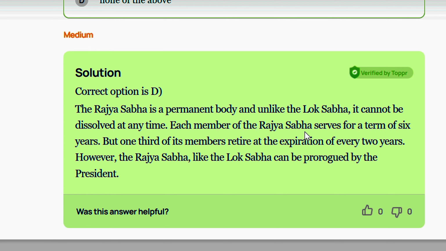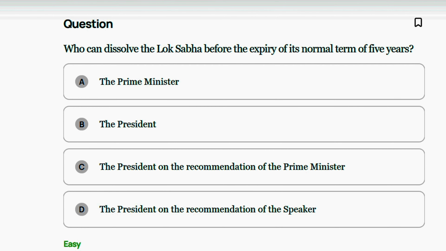Each member of the Rajya Sabha serves for a term of 6 years, but 1/3 of its members retire at the expiration of every 2 years. However, the Rajya Sabha, like the Lok Sabha, can be prorogued by the president, who can dissolve the Lok Sabha before the expiry of its normal term of 5 years.